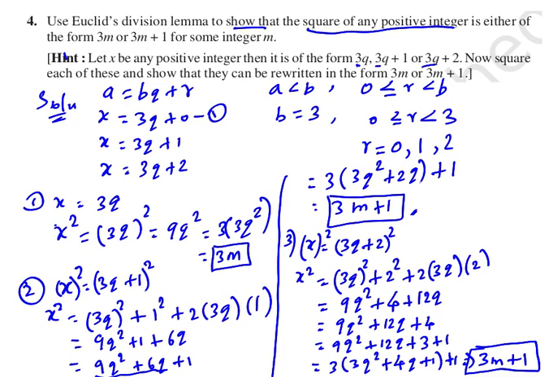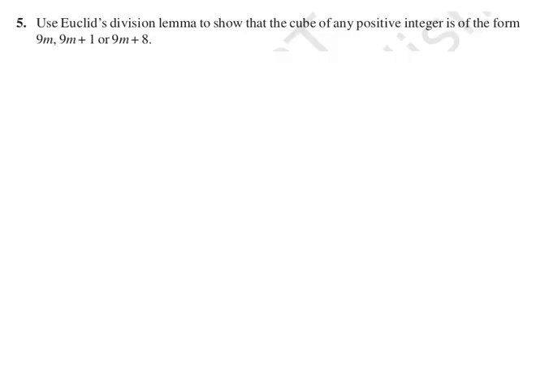Next one. Use Euclid's division lemma to show that the cube of any positive integer is of the form 9m, 9m plus 1 or 9m plus 8. So what we have to prove?